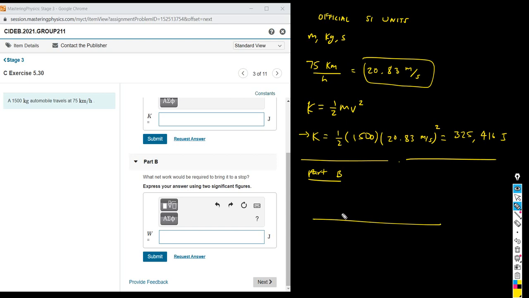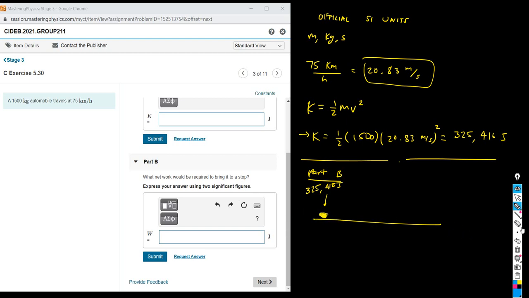So at some point you have the car over here with this much energy. When the car is going at this velocity, the car has 325,416 joules. And basically, guys, what you need to do is take that energy away from the car in order to stop it.